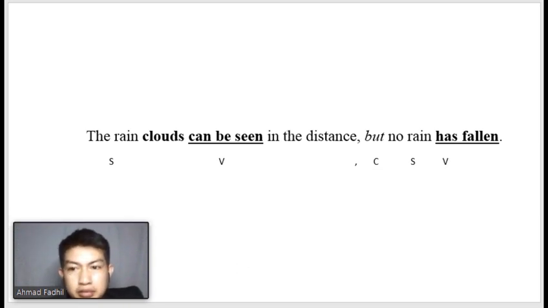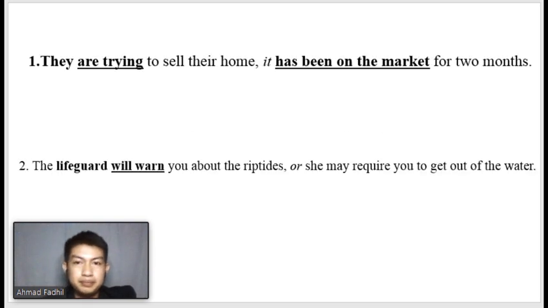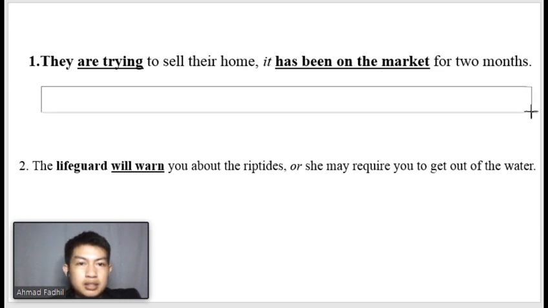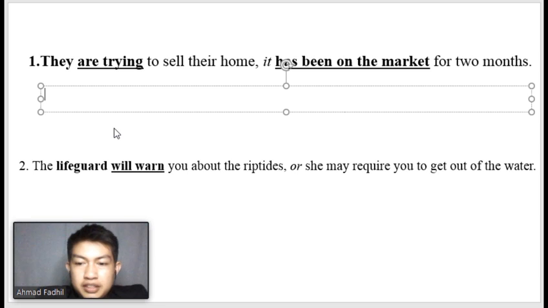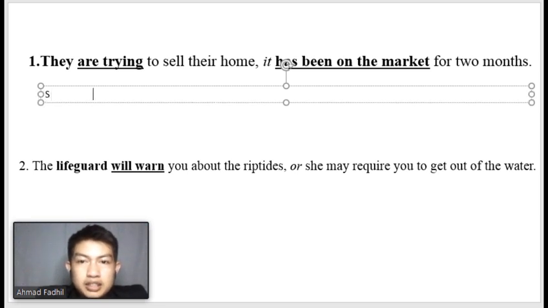And now we go to another example. First, look at this: They are trying to sell their home, it has been on the market for 2 months. They is the first subject, are trying is the first verb, and this is a comma.